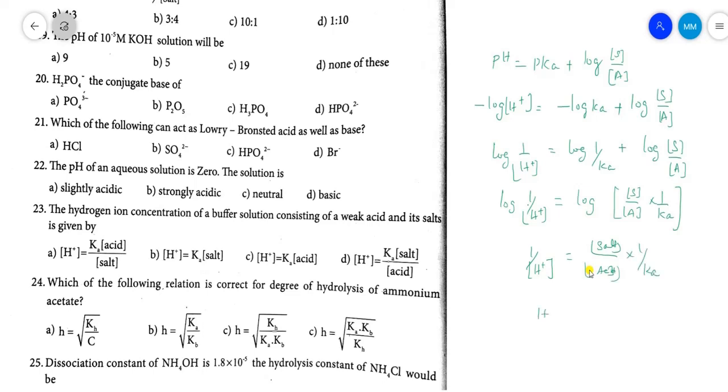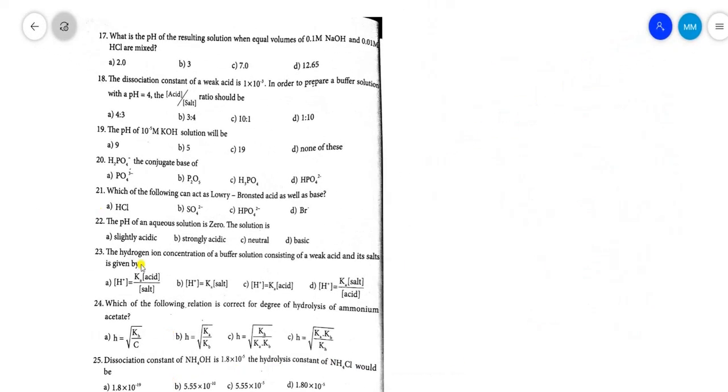So the H plus ion concentration is equal to Ka into acid concentration divided by salt concentration. The answer is A.